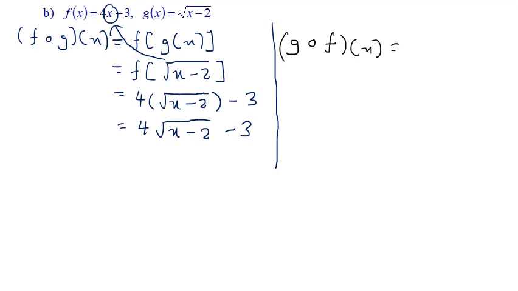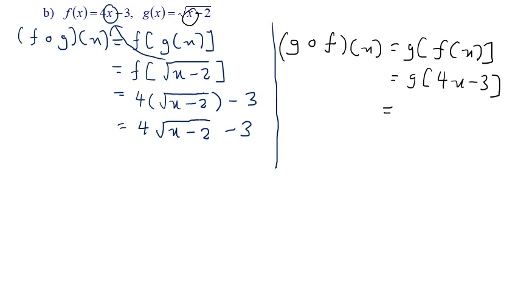And then next for gf. So gf is g of f. Remember, f will be an input. So write function f first, which is 4x minus 3. So we insert 4x minus 3 into this x in function g.